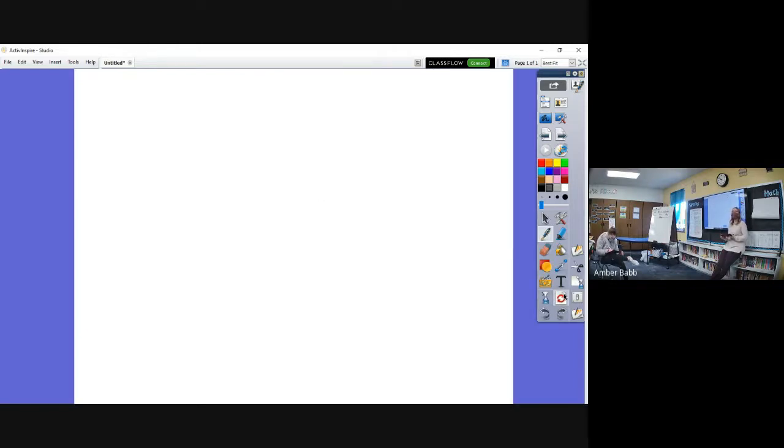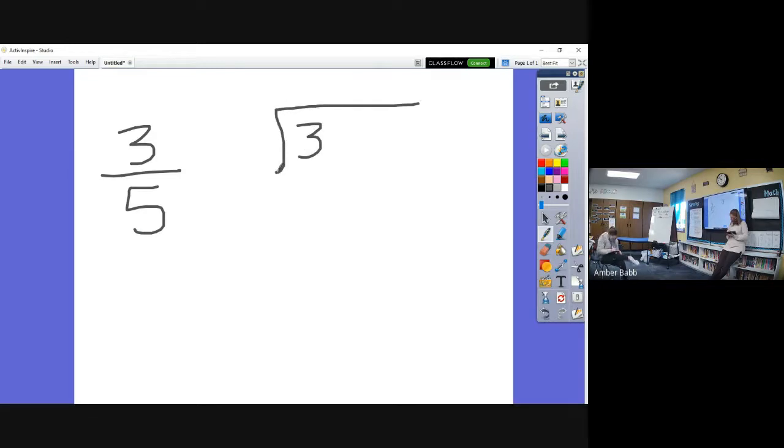All right, let's do one more of these. Sam hates this. 3/5. So it is 3 divided by 5. I can't divide 3 by 5, so I'm going to have to add a decimal. I'm going to put my decimal up top so I don't forget. 30 divided by 5.